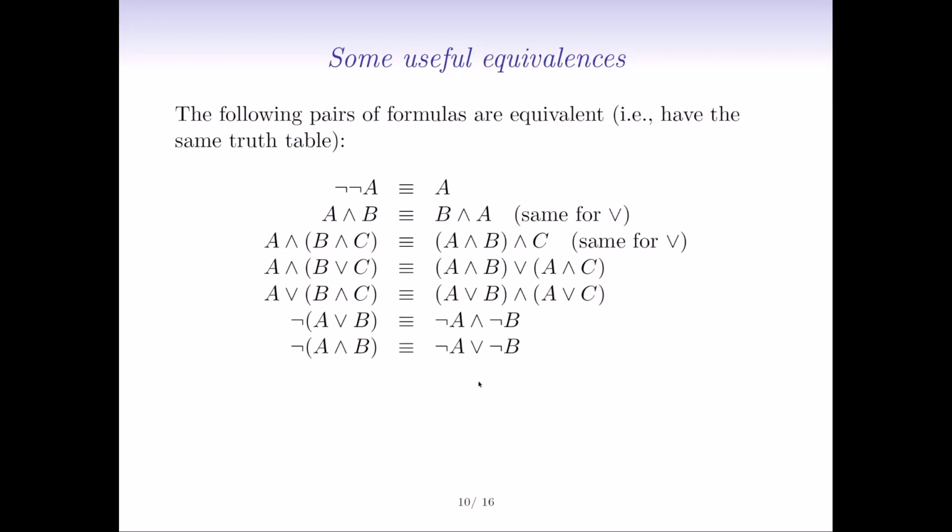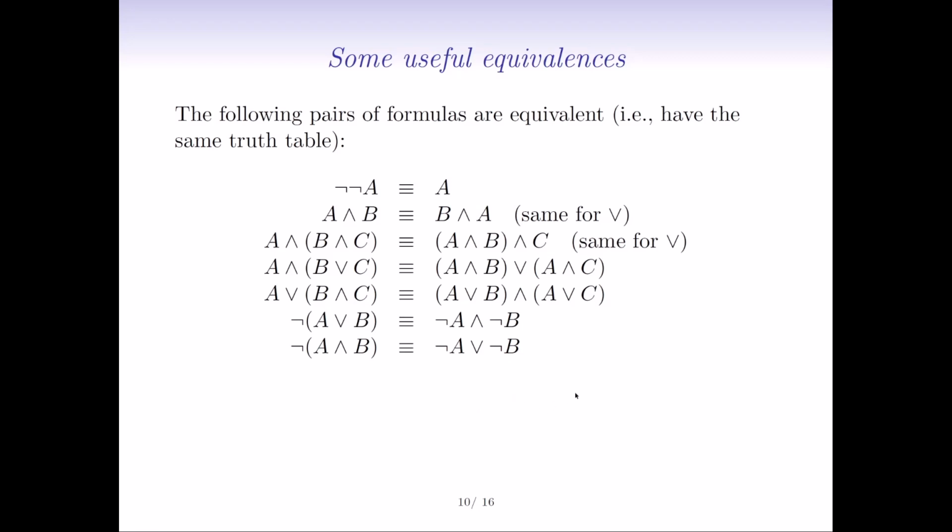And the same is true if I flip the rules of conjunction and disjunction. Not (A and B) means I must have, well, I don't have both of them, so I must not have one of them. So either not A or not B. Similarly, if I have not A, then I can't have both A and B. And if I have not B, then I can't have A and B. So if I have not A or not B, then I have not (A and B).